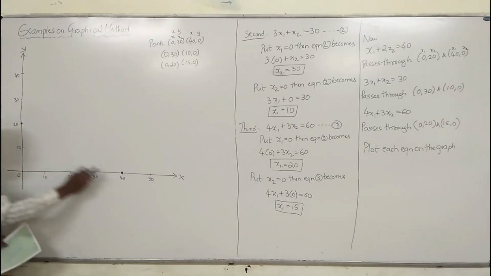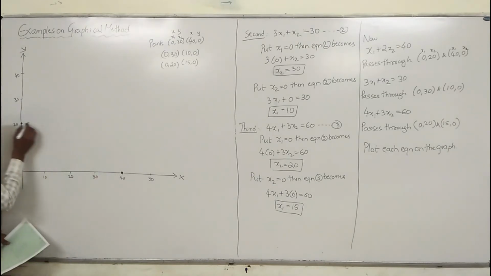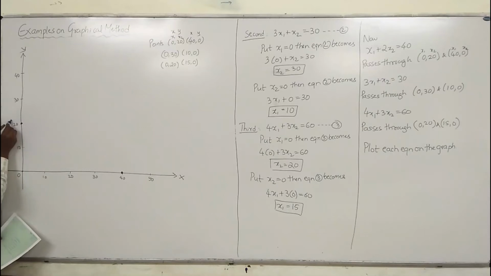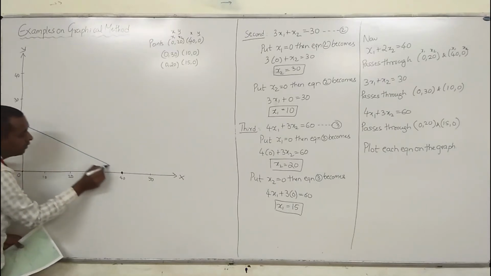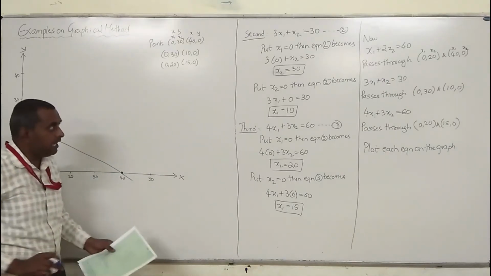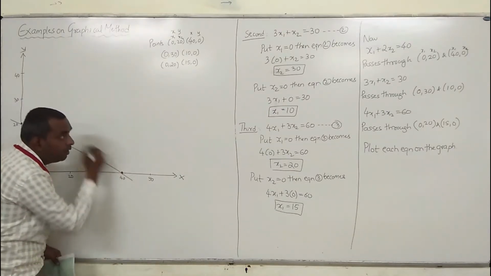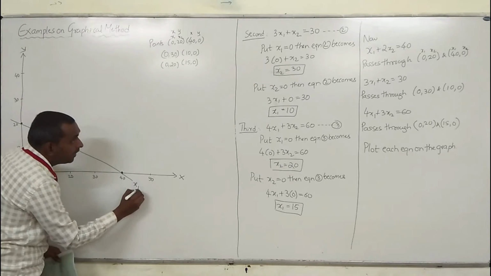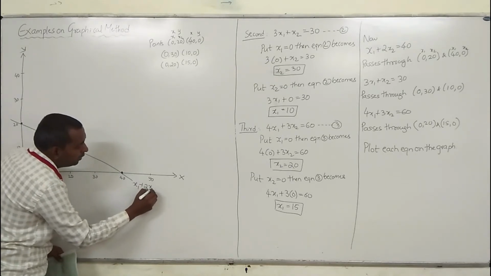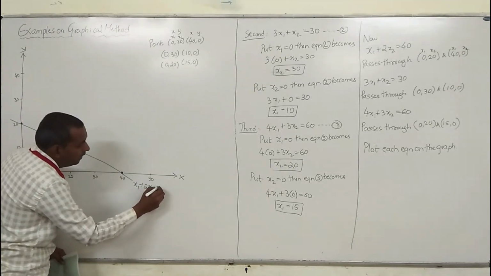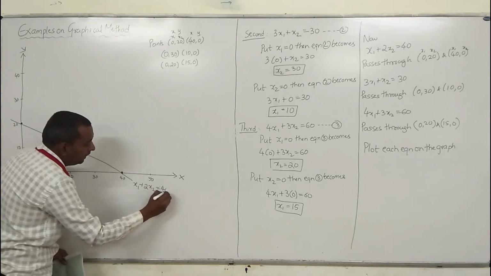These are the 2 points which are available here. So let me join these 2 points, I mean to say, draw the straight line. For which equation have we done this one? This is the equation x1 plus 2x2 is equal to 30.